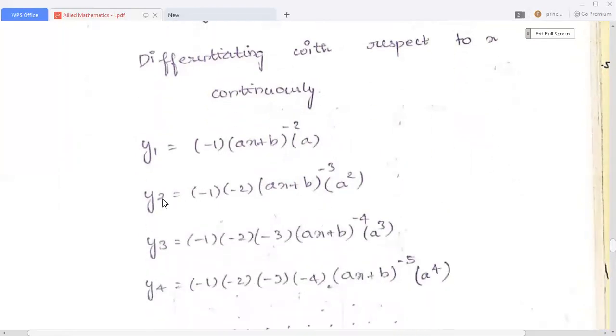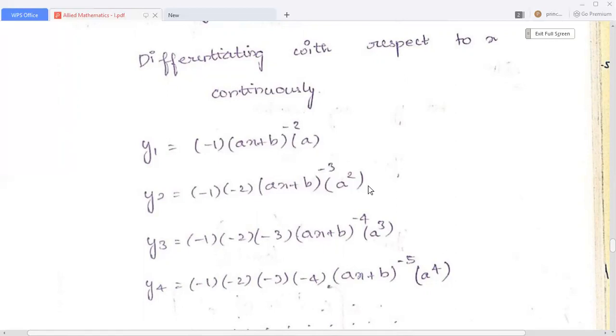Next, we calculate y2. In finding y2, this a will be constant, and this minus 1 is also constant. We keep it as it is. So y2 equal to minus 1 into, now we differentiate this expression, that is minus 2 into ax plus b power minus 3 into a.